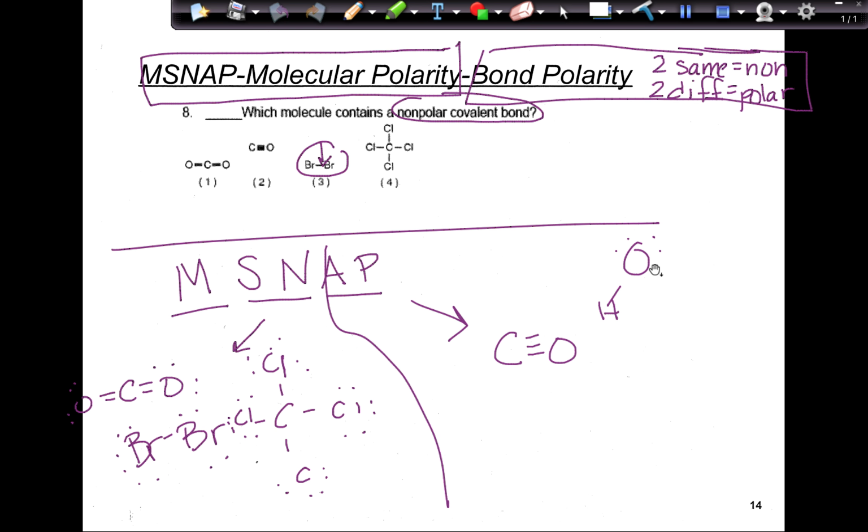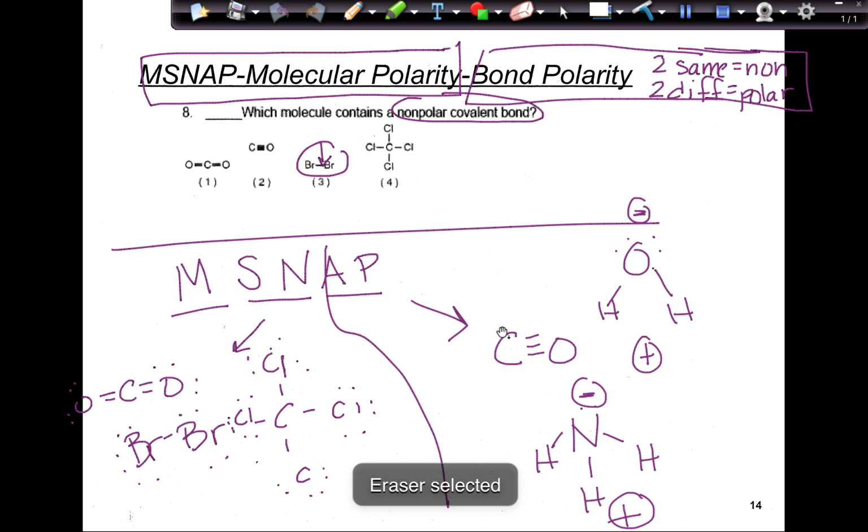Other good examples of asymmetrical polar molecules would be water. Remember that we have a negative side and a positive side here. Another famous asymmetrical polar molecule is ammonia. Remember that asymmetrical polar molecules have an unequal distribution of charge so that one side is positive and one side is negative, which is determined by the electronegativities.